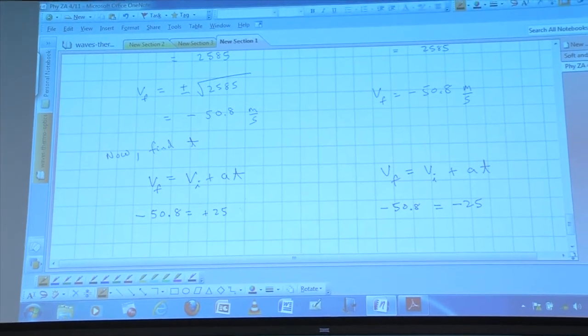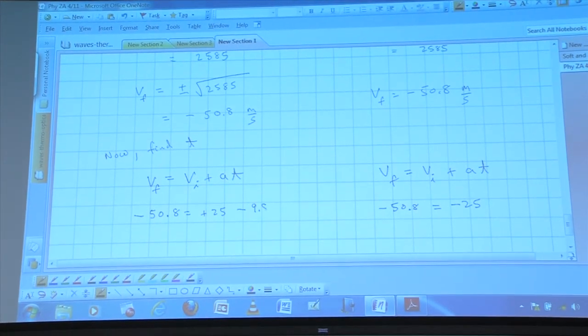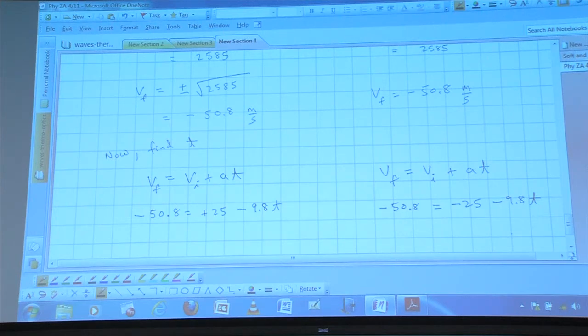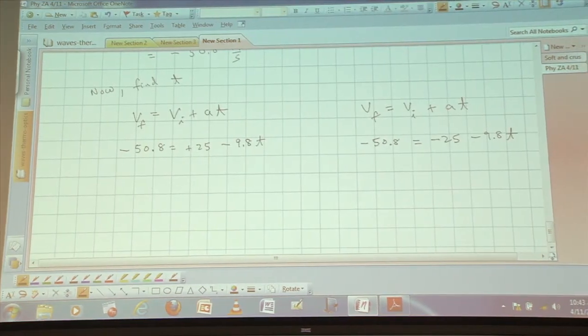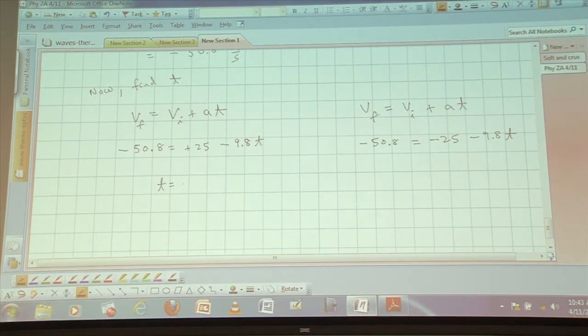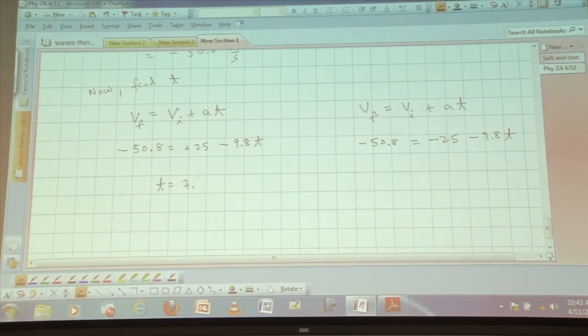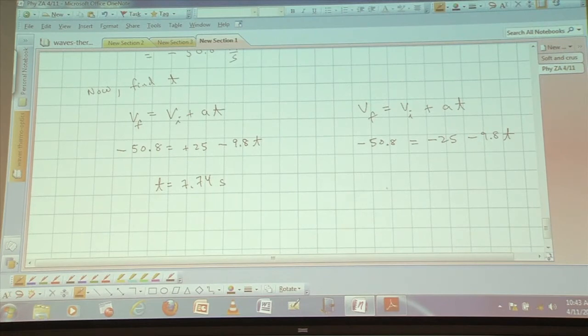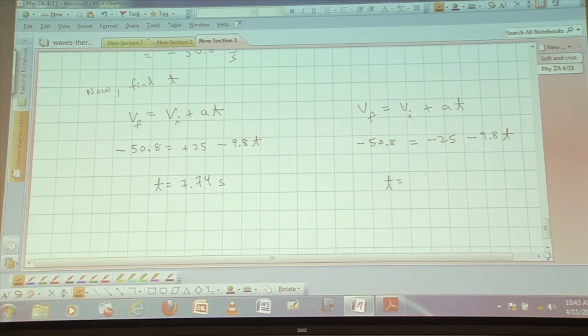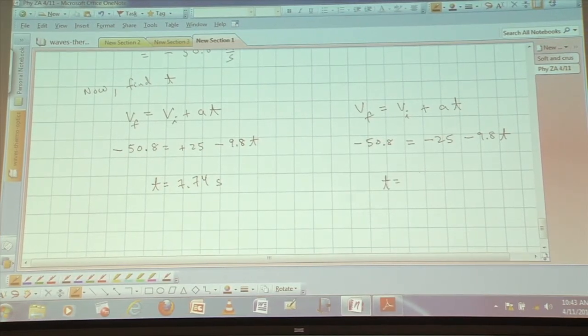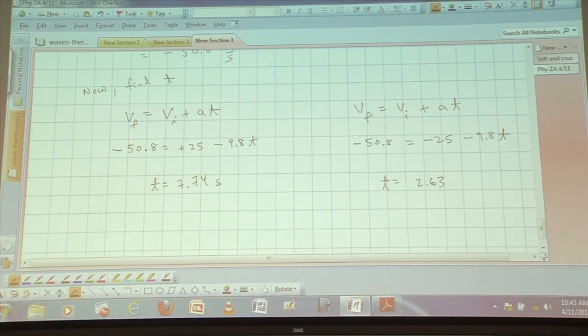And then a is the same. It's negative 9.8 in both cases. And we can solve for t. And when we do that, what do we get? 7.74 and 2.63 seconds.